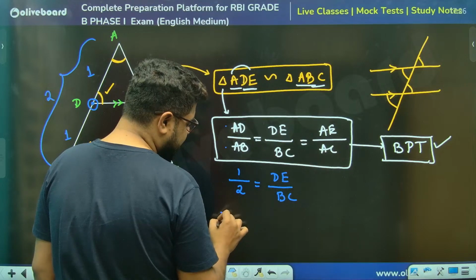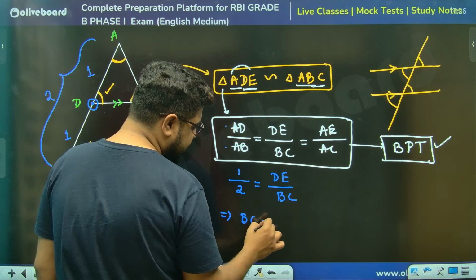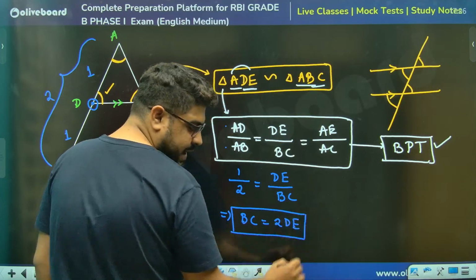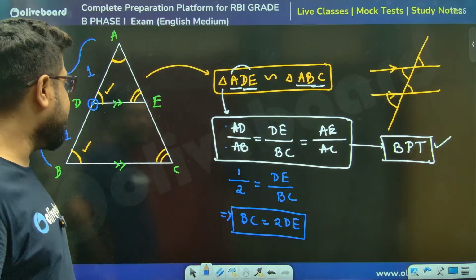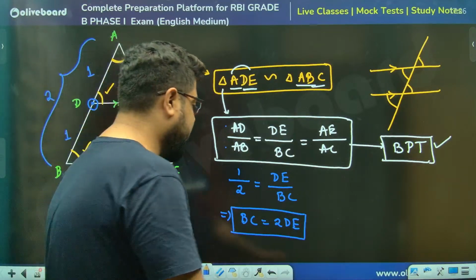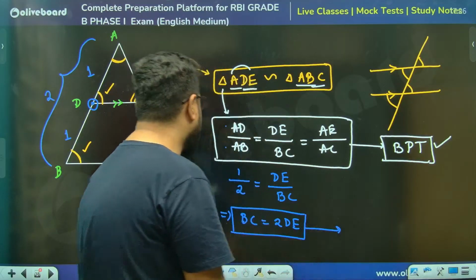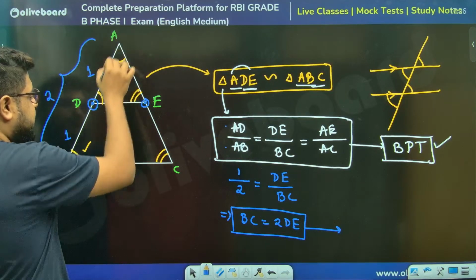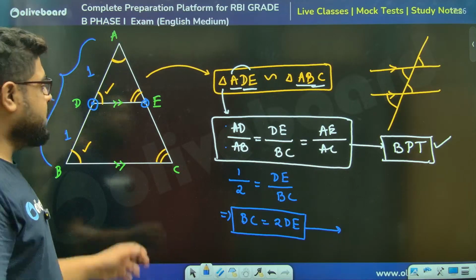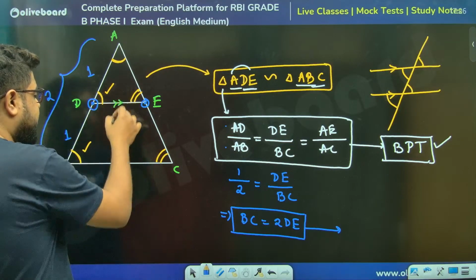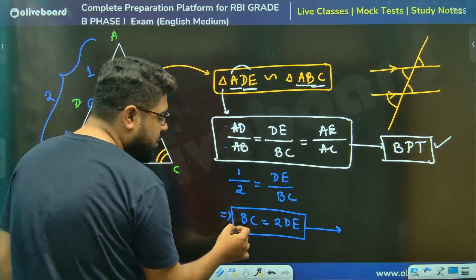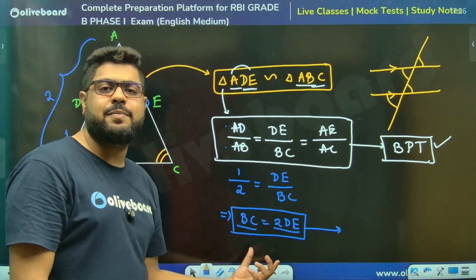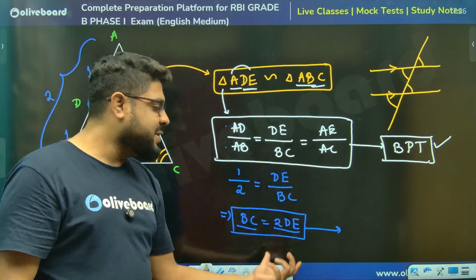Can I conclude BC is equal to 2DE? That means if you join the midpoints of two sides of a triangle, the line will be parallel to the base, and also it will be half of the base. You can write DE is equal to half of BC as well. So it is only the midpoint theorem.